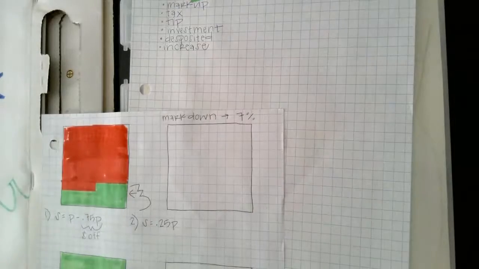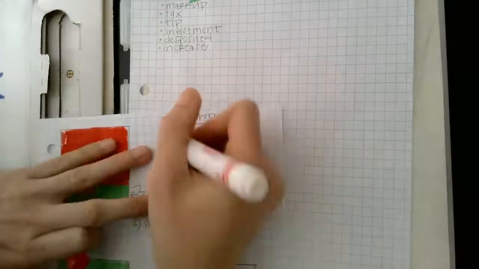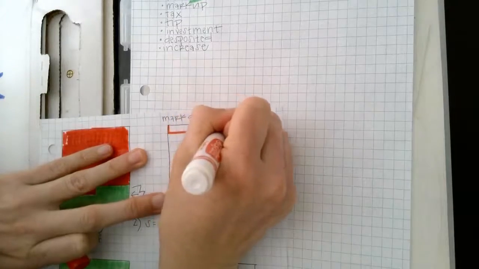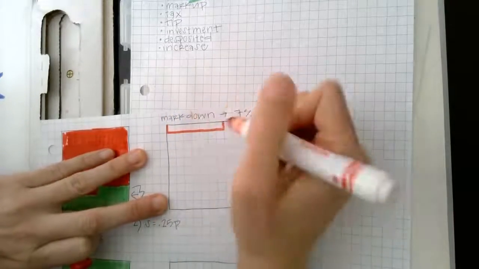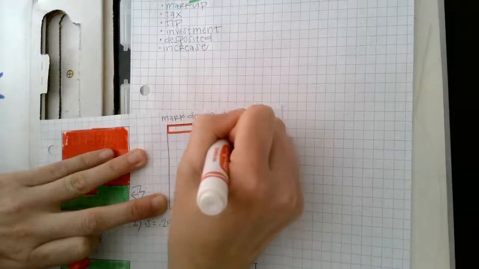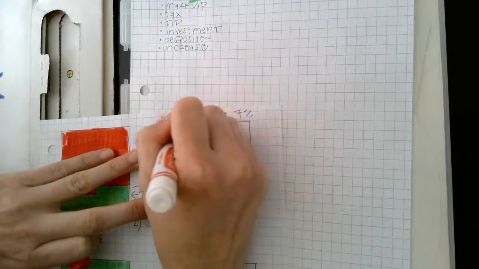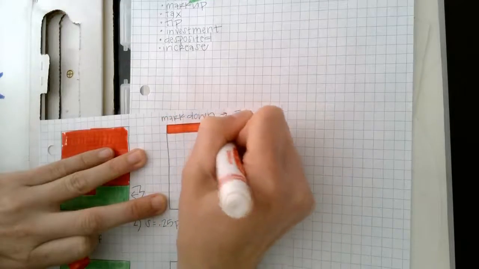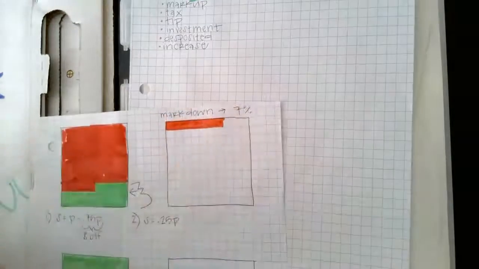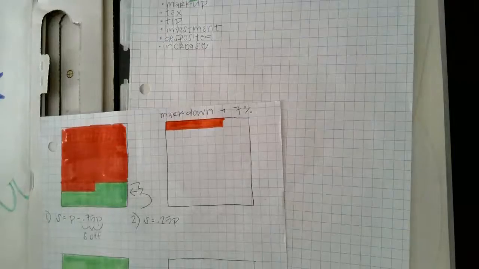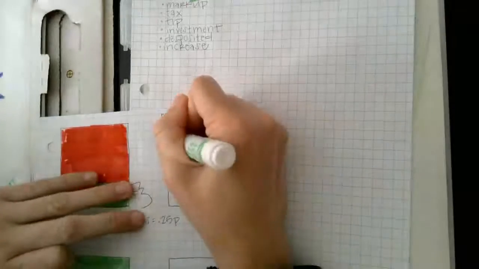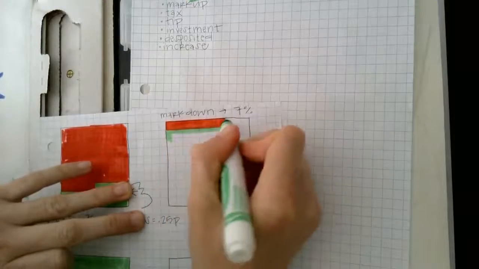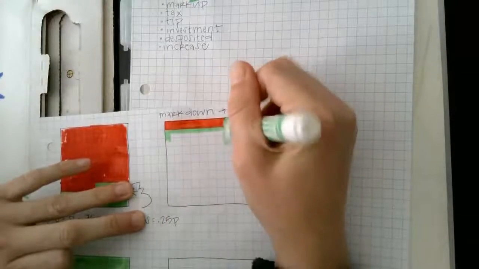So that means, just like a discount, they're taking 7% off the original cost, which for us is 7 squares out of 100. And the rest of it is what they have, or how much the item is actually going to cost.